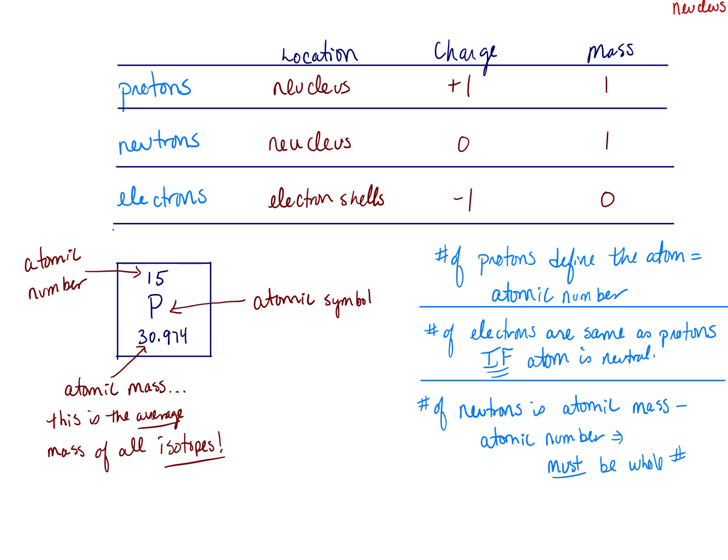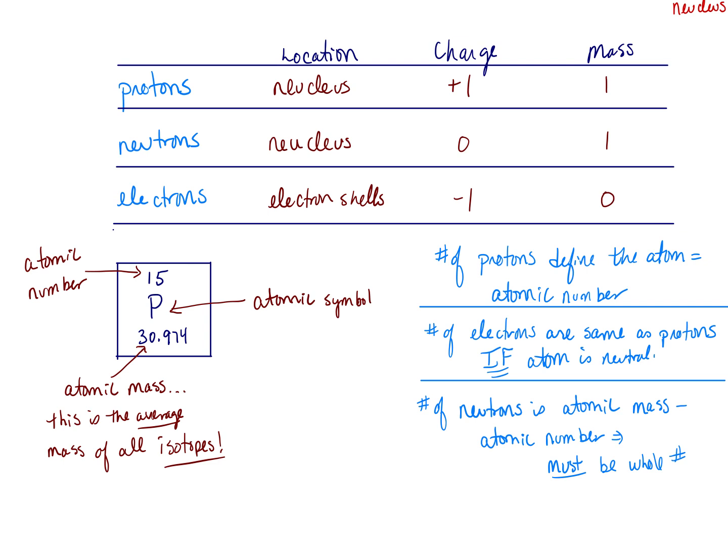When we're looking at protons, neutrons, and electrons, it's important to know their location, their charge, and their mass. Now, these are relative, okay? What I mean by that is, well, so we consider an electron to have a charge of 0, or a mass of 0, excuse me.